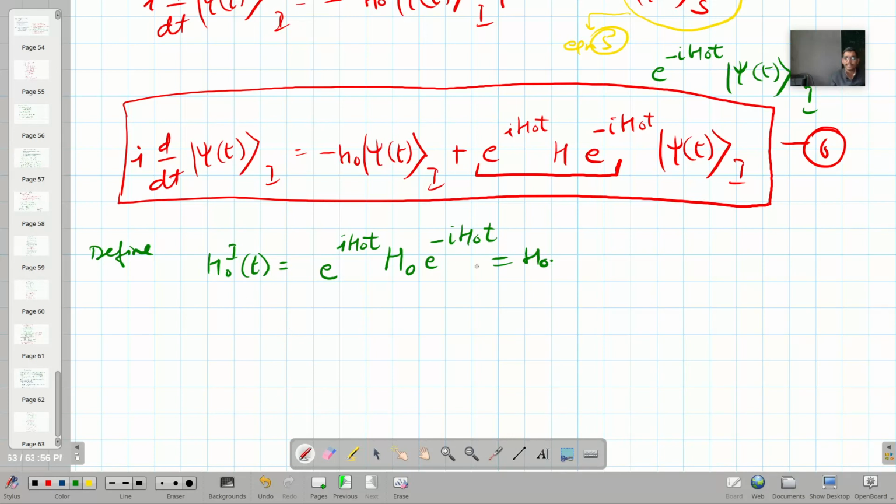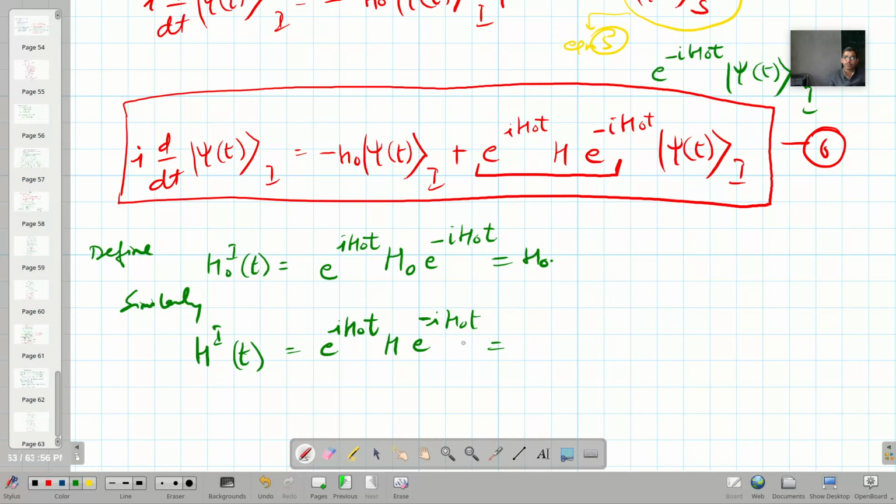It should be defined in such a manner. Similarly, h I t can be defined as e raised to power iota h naught t into h e raised to power minus iota h naught t.